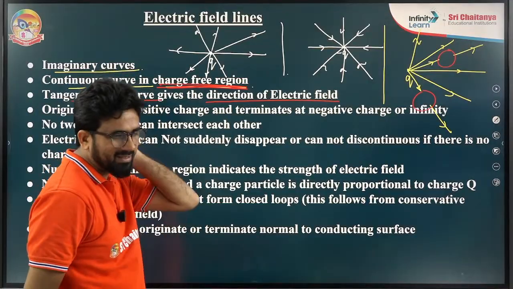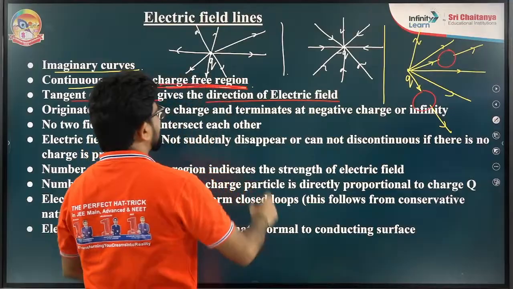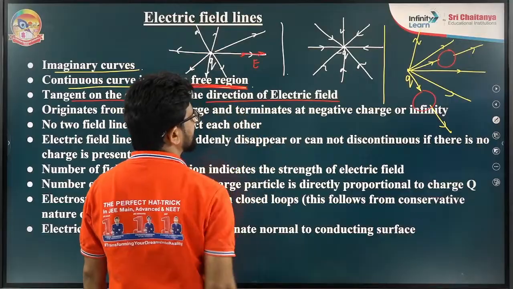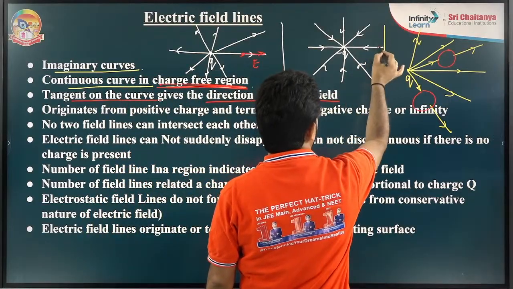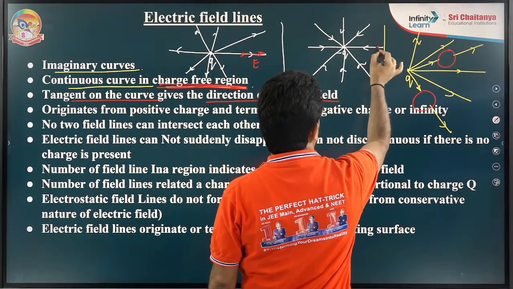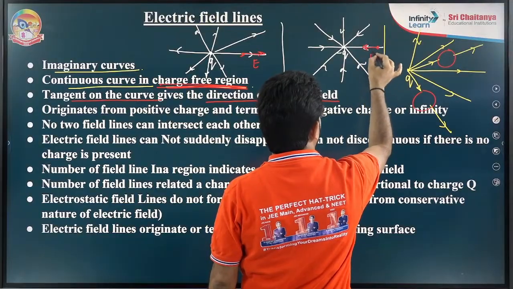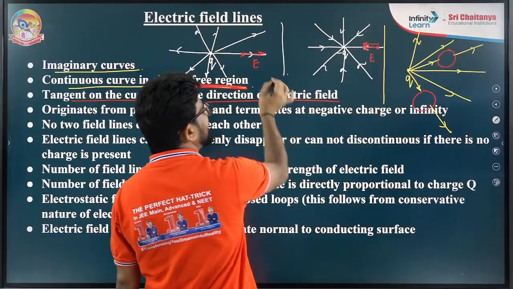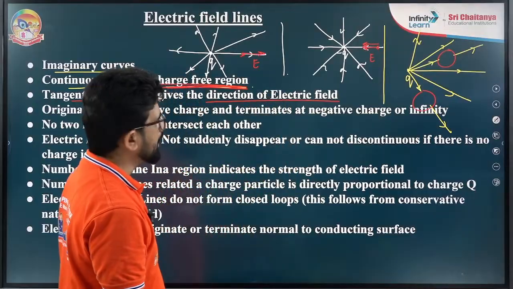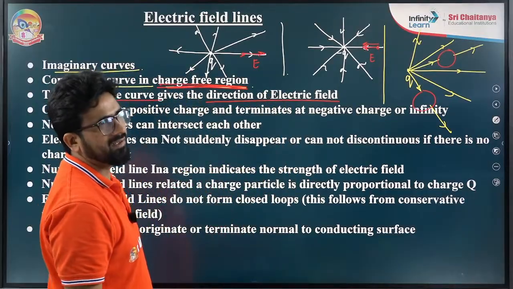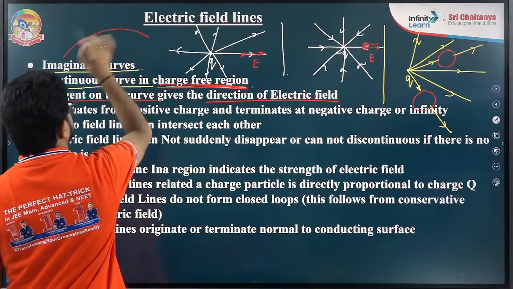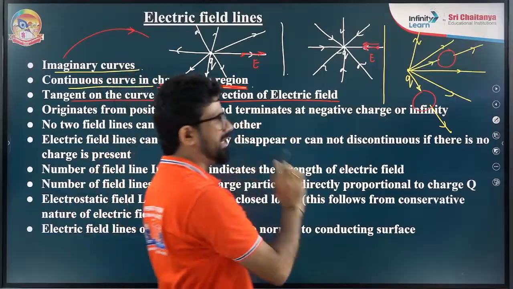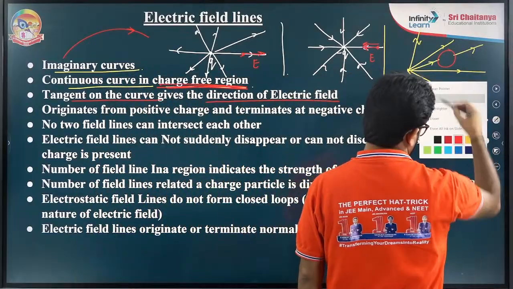In the previous class, I already told you that the electric field due to a positive charge is outward, and due to a negative charge the electric field is inward, so this field line is also inward. That means if you draw the tangent on this curve, it will give you the direction of the electric field. Suppose this is the curve, and this is an electric field line coming from some source.